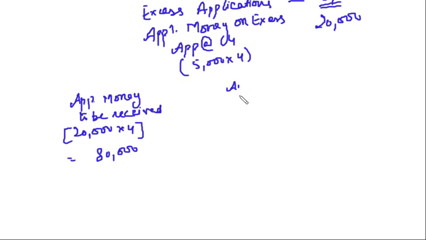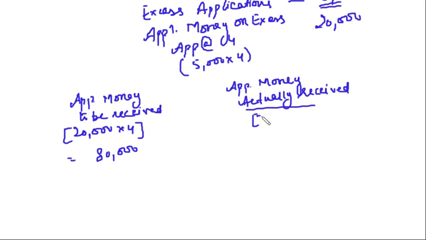And application money actually received. What is the application money actually received? You received applications for 25,000 shares. On that, at the rate of rupees 4, you received application money.